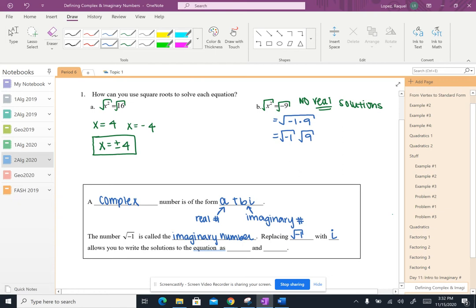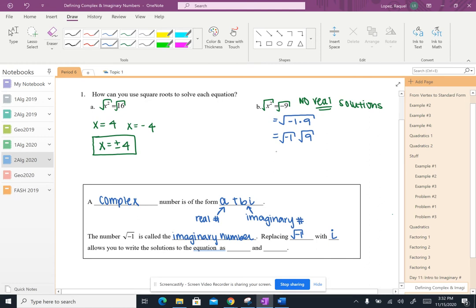We can do that under the square root when I only have multiplication. So now I can replace this negative 1 here with i, because that's what we're saying is the imaginary part. So we're saying the square root of negative 1 is the same thing as i. So we're just going to replace that.